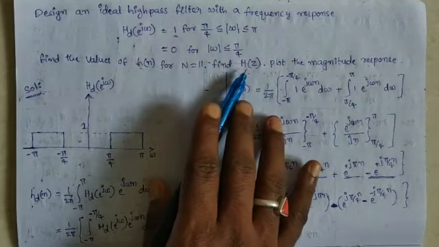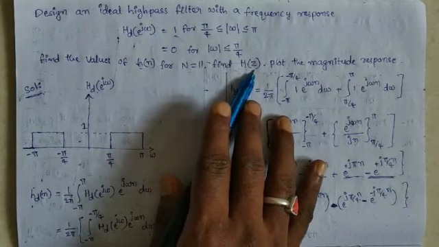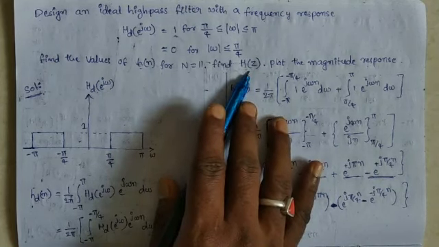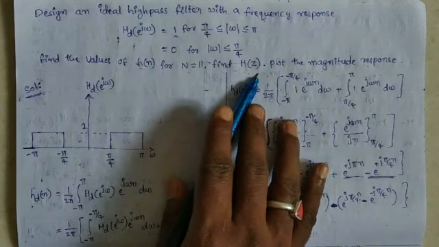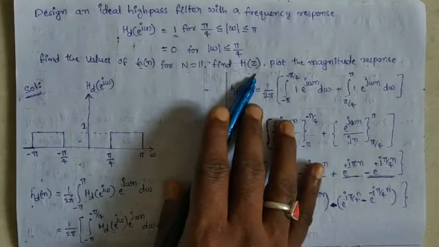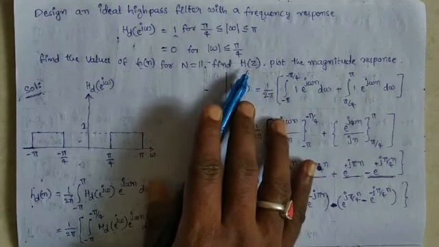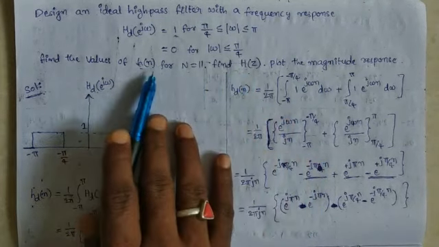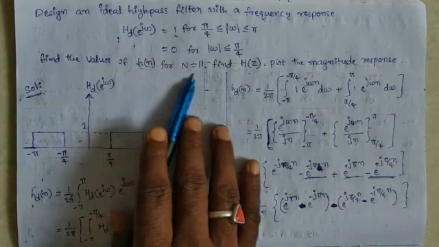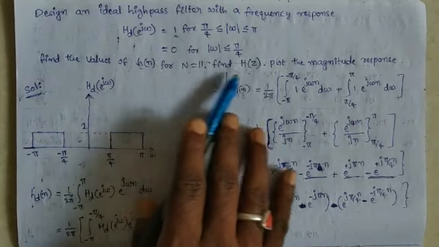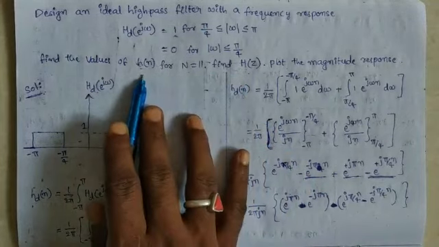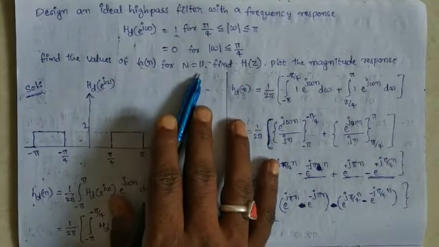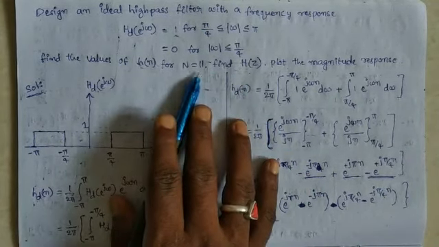How do we determine this h of z? We are determining this h of z by using the Fourier series method, and we are also calculating the h of n for capital N equal to 11. For the causal filter, that is for the high pass FIR filter, we determine the impulse response for capital N equal to 11.